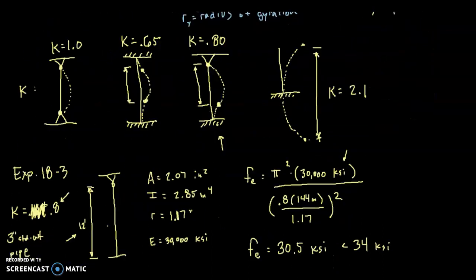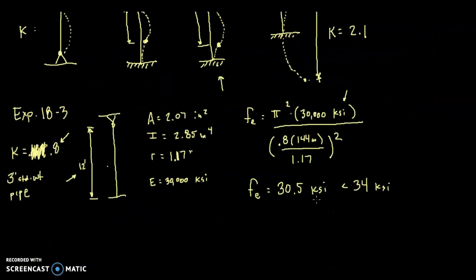But I don't have to do that. It's a little simpler than that. I know the stress that will cause buckling to occur, and stress is equal to load divided by area. Any kind of stress is load divided by area. That's a fundamental principle of strength of materials. So if I want to know load, P is equal to F times A.